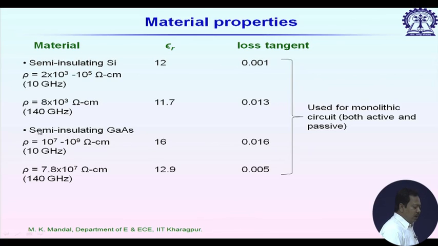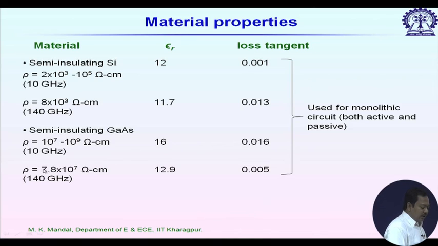Next, semi insulating gallium arsenide. Remember whenever we use this word semi insulating, it means it is more like intrinsic, the doping concentration is negligibly small and we have to use a special fabrication process to fabricate them. Conventional fab labs do not support this fabrication. So, semi insulating gallium arsenide, rho typically 10 to the power 7 to 10 to the power 9 ohm centimeter and epsilon r is quite high, 16.